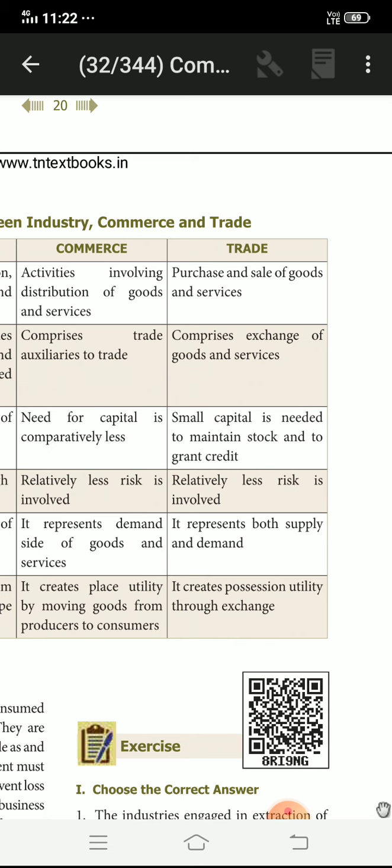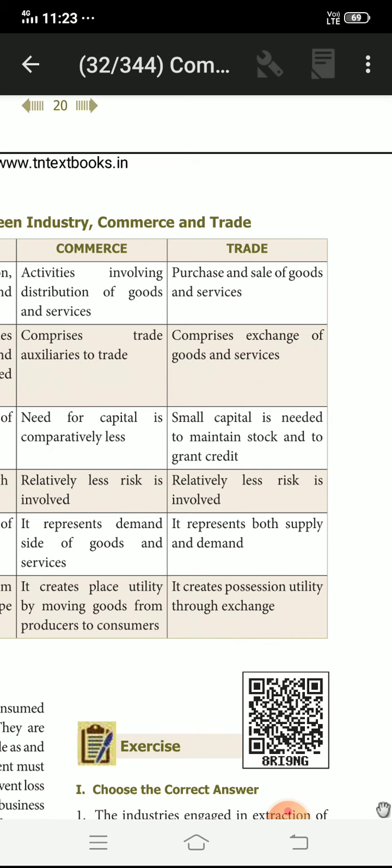Then trade creates possession utility through exchange. You can possess, you can own the goods that you need, that you want, in trade. So again, one point I forgot to remind you at this juncture: the division of trade. Trade is actually divided into internal trade and external trade.